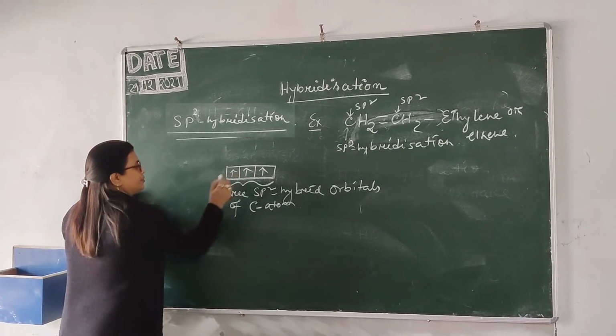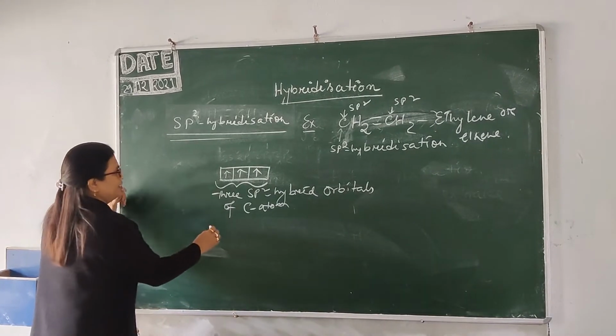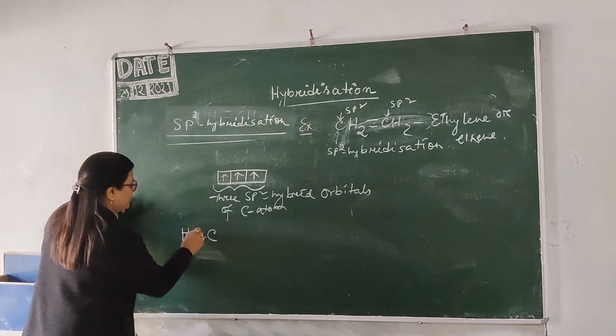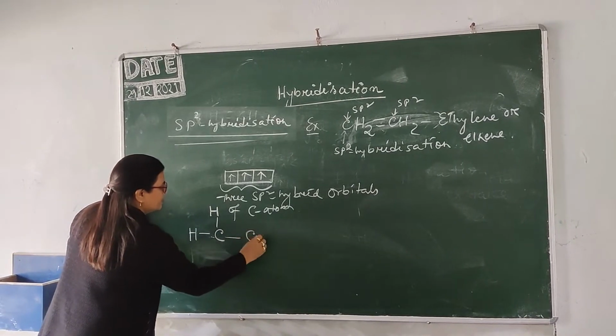Now these three hybrid orbitals combine like this with carbon to form this CH2 and this sigma bond.